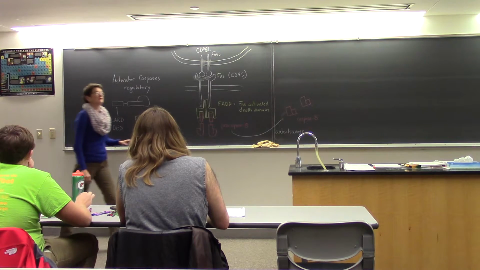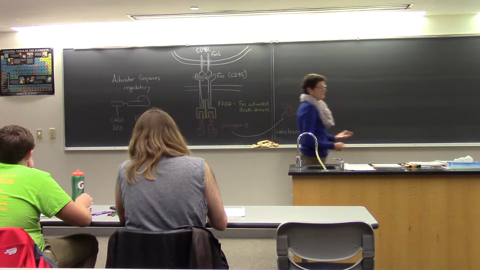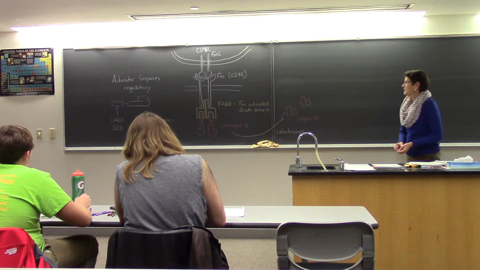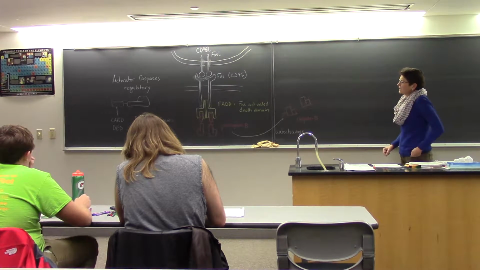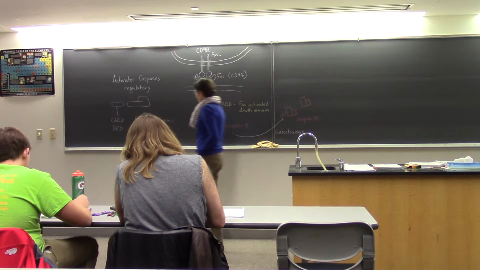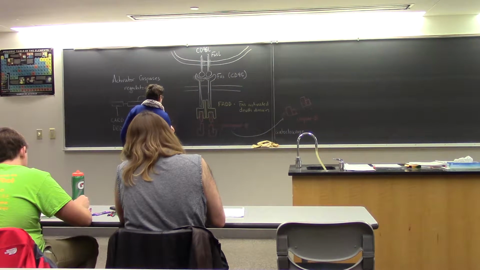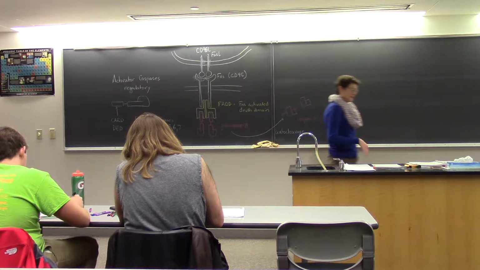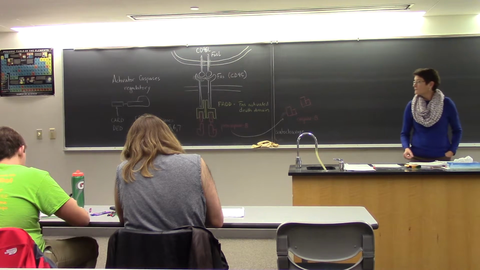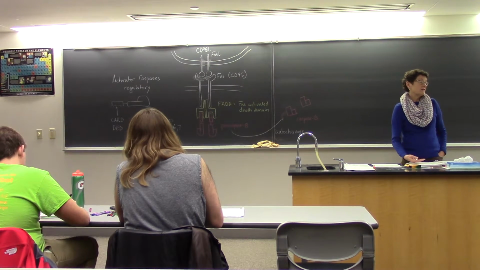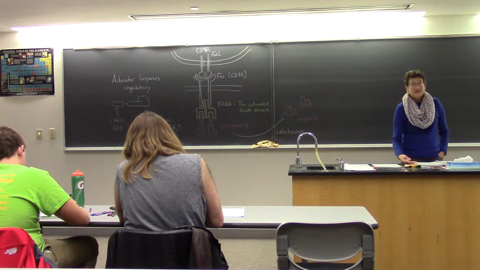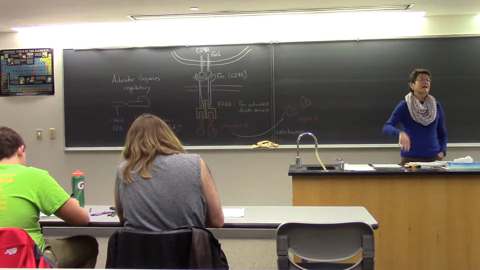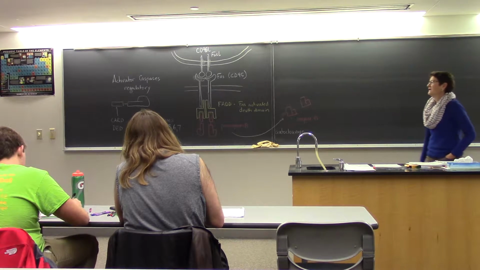So effector caspases, those are the ones that are going to really do the work of apoptosis, cut the key proteins to execute apoptosis. The most common ones in the cell are 3, 6, and 7. So caspase 3, caspase 6, and caspase 7 are the effector caspases. And it's really caspase 8's job to activate the effector caspases. So its job is not to carry out apoptosis, but to activate the caspases that do carry out apoptosis.